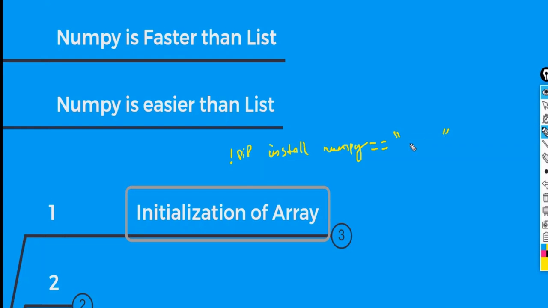Suppose I want to install 1.10.2, anything. The version will change from time to time; I'm just specifying a random version. If this particular version exists, then it will automatically start installing it. In this way also we can install our library.